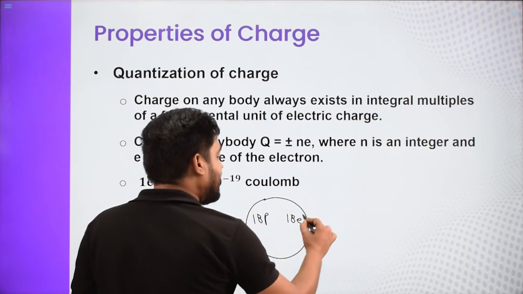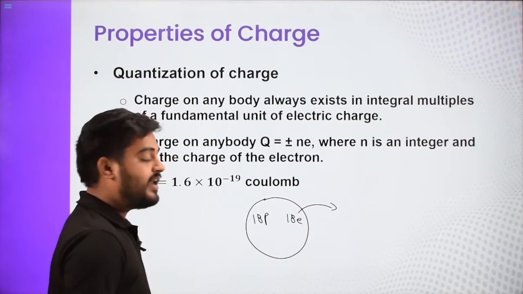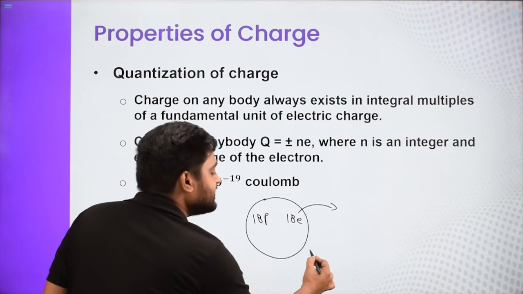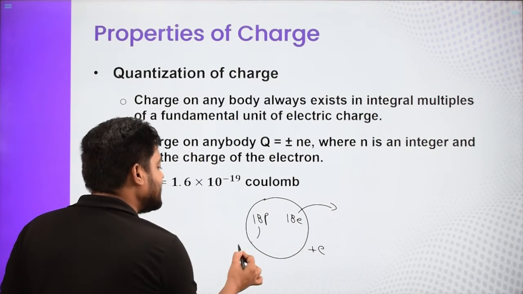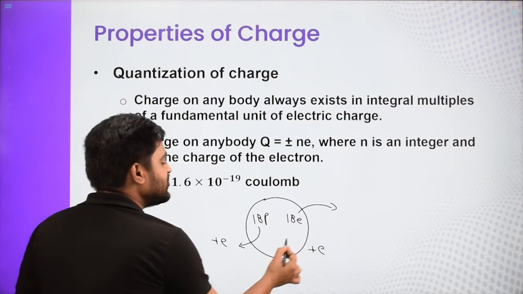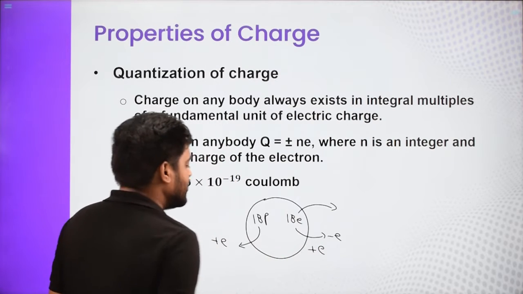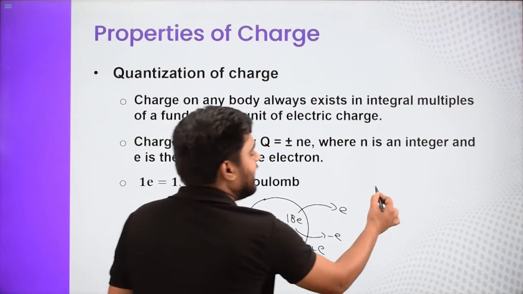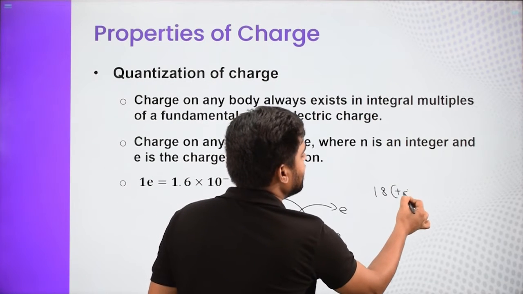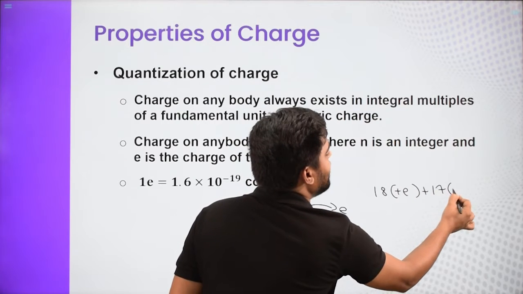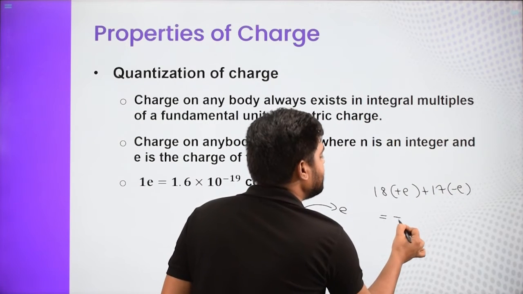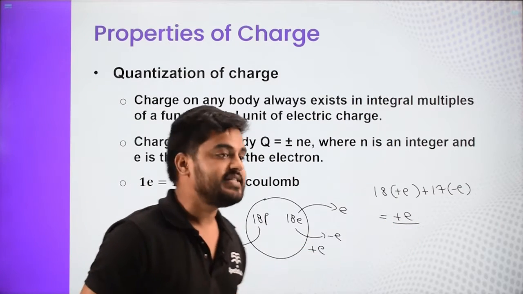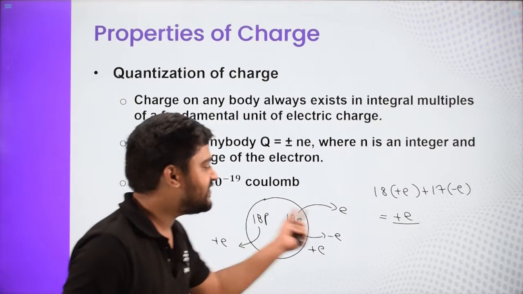Now, if one electron leaves it, there will be 18 protons and 17 electrons. The charge on each proton is +e and on each electron is -e, so the total charge remaining is 18 times +e plus 17 times -e, and we are left with +e charge. That is the charge equivalent to one proton as excess charge, and this is now a positively charged object.